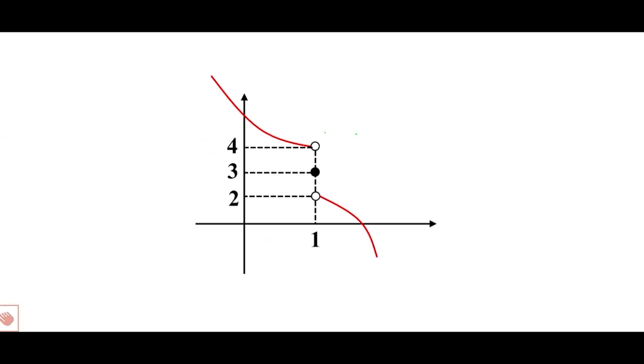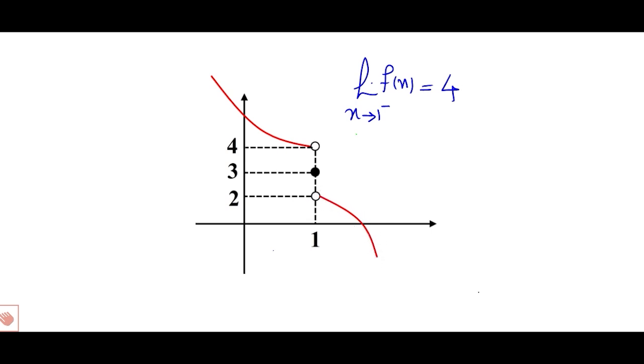Okay, now look at this graph. When we approach x is equal 1 from the left side on the x-axis, we see that the graph gets closer and closer to the value 4. Okay, so the limit of f of x as x approaches 1 from the left is equal 4. And on the other hand, when we approach x is equal 1 from the right side, we see the function gets closer to 2.